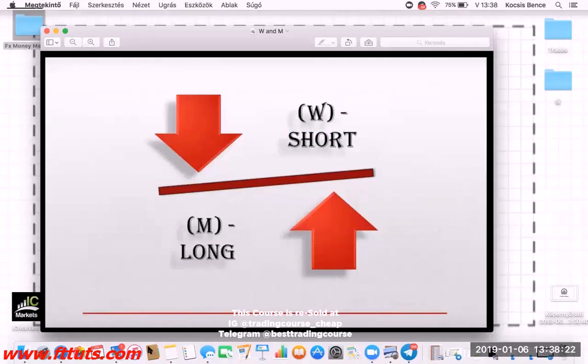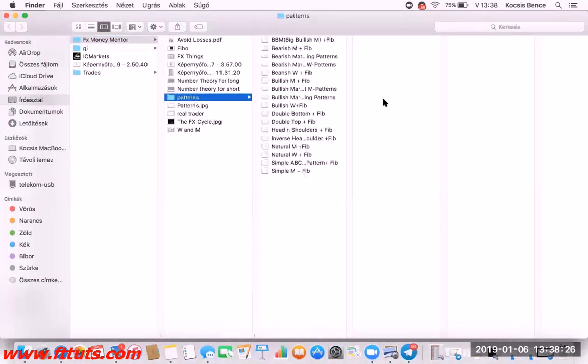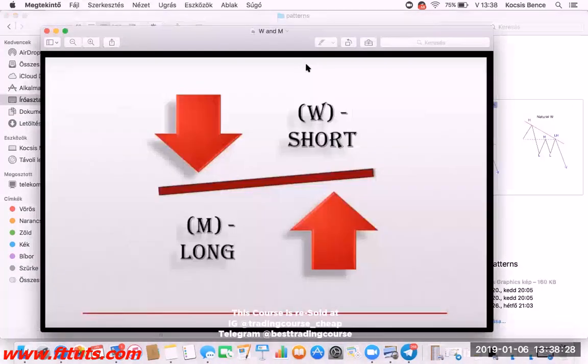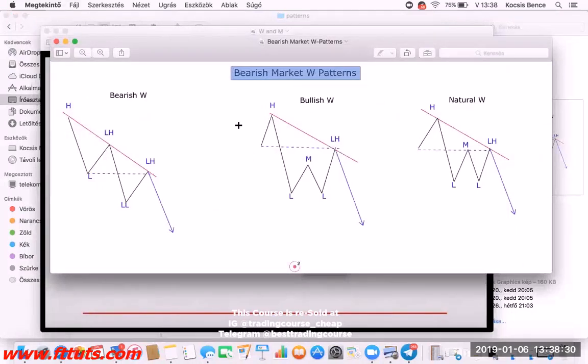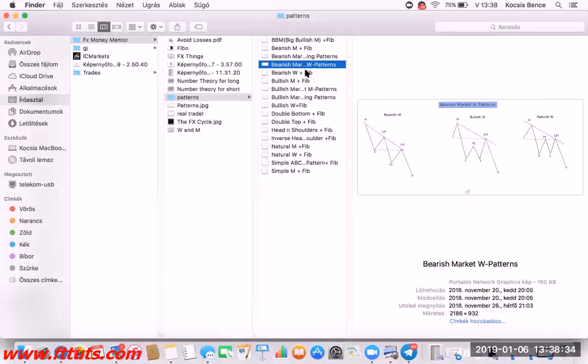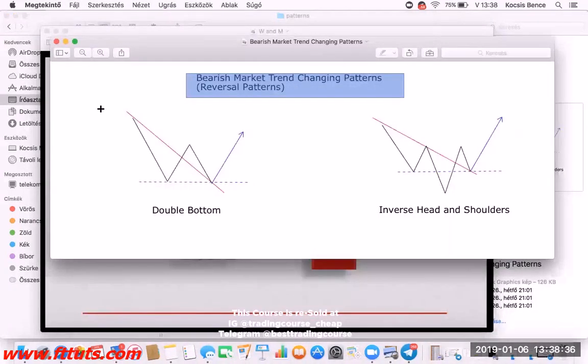We have three types of W's: bearish W, bullish W, and natural W. And we have two reversal patterns on the bearish market, the double bottom and the inverse head and shoulder.